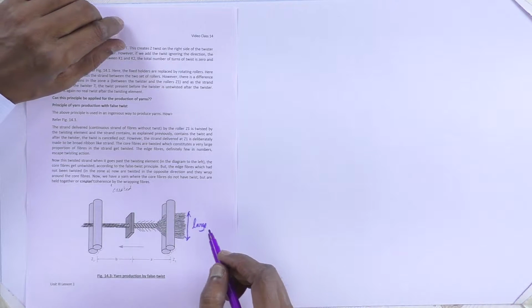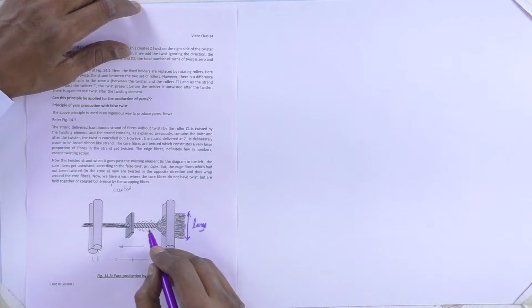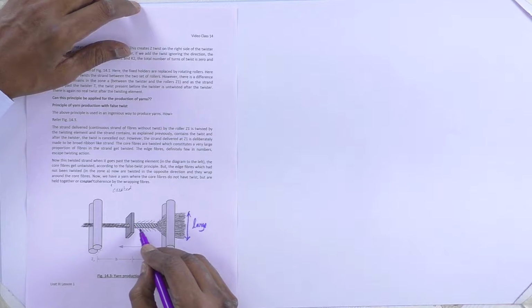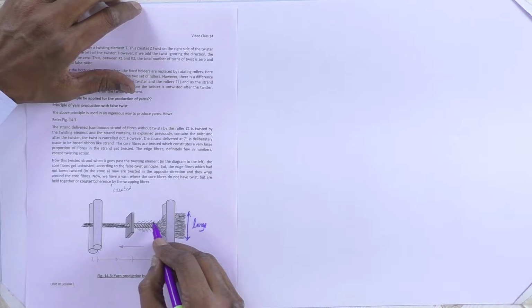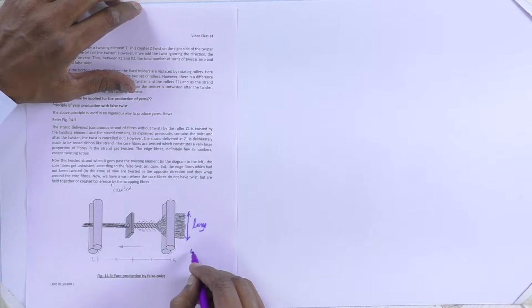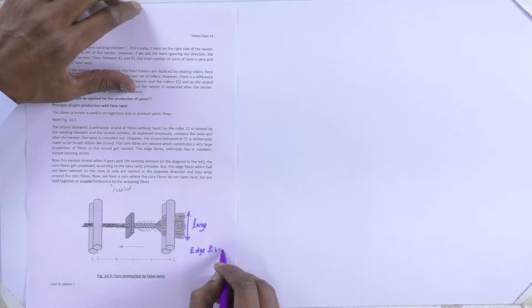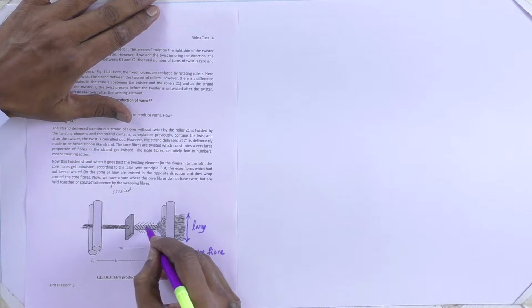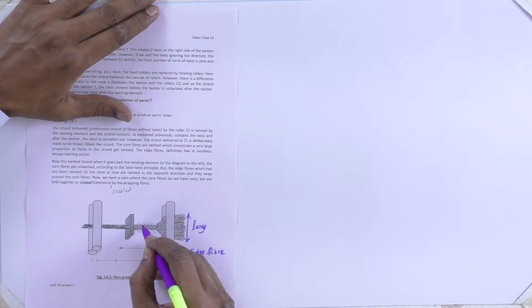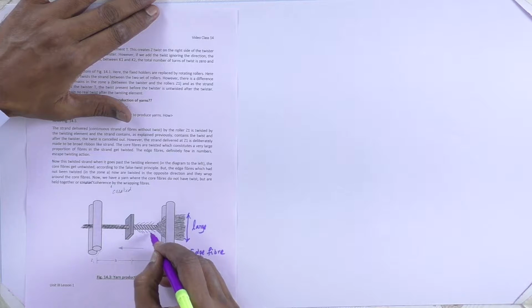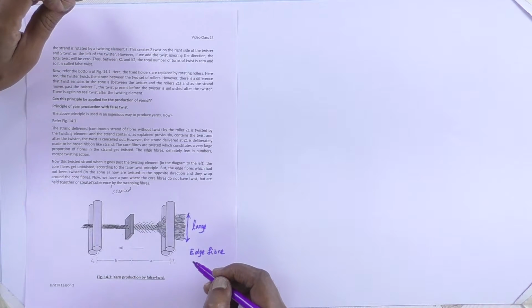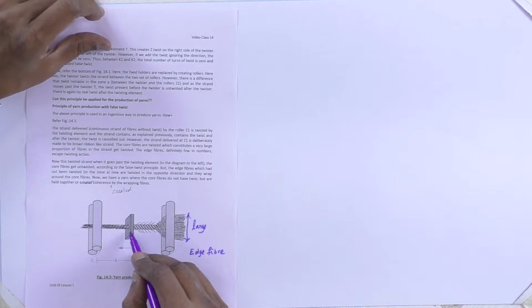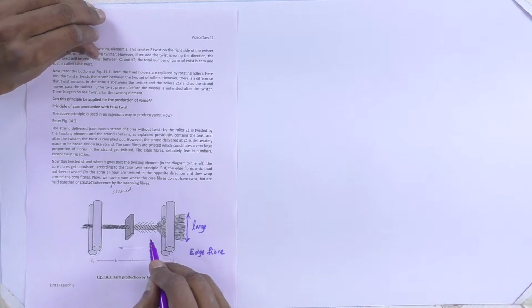The difference is some of the fibers escape the twisting action, that is, the false twist is not given to some of the fibers, what we call edge fibers. They escape the false twist action of the twist imparting element. Some fibers you can see here, these fibers have escaped the twisting action. They have not been subjected to the twisting action of the twisting element.